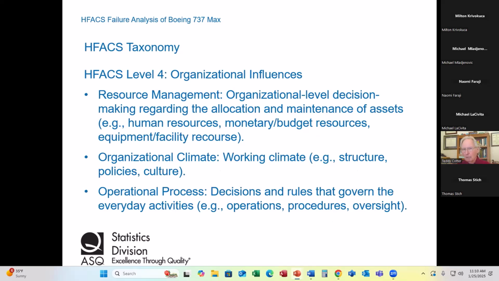So again, as Milt was indicating earlier, it all comes back to management's measurement of the organization. And sometimes HFACS recognizes that the way we allocate our resources opens up the latent potential for failure. Organizational climate, this is the working climate, the structure, the policies, the culture itself.